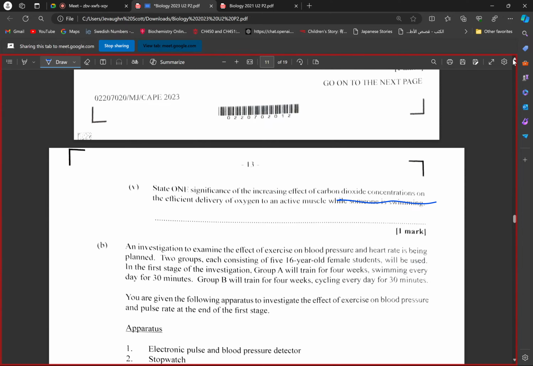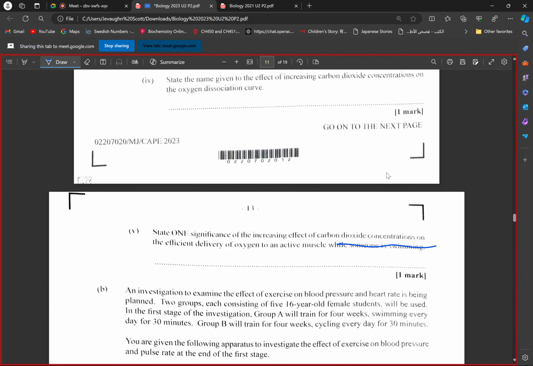By the way, it's the Bohr effect, for anybody who never realized why I just go across the question. This is not even a real question. The Bohr effect. But down here, state one significance of the increasing effect of carbon dioxide concentrations on the efficient delivery of oxygen in active muscle cells.